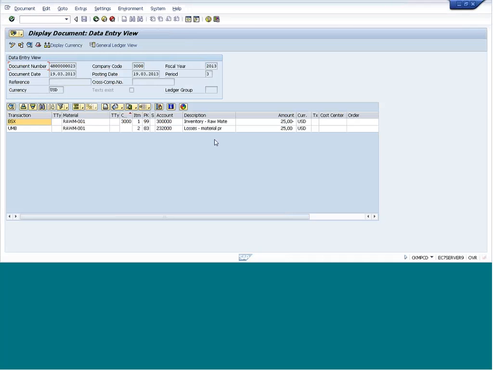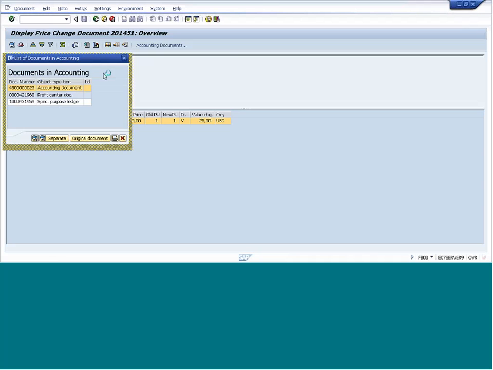This is the 25. So even though it's the moving average price, obviously you are impacting the overall pricing here. Any other questions?